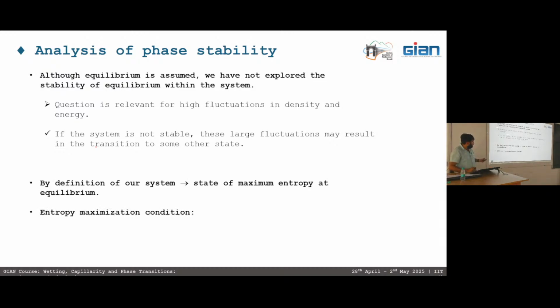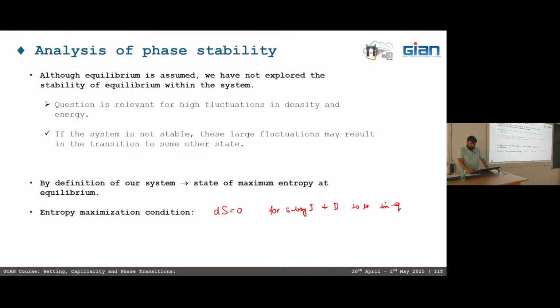Now, by definition our system is a closed system. We can say that the entropy should be maximum at the point of equilibrium. So using the entropy maximization condition, we can write dS equal to 0 for subsystems 1 and 2 to be in equilibrium.